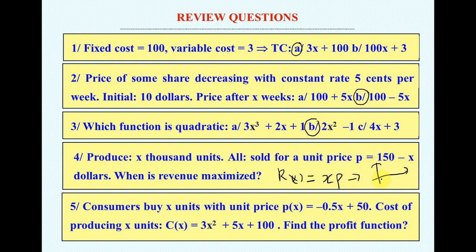So the graph here will be a parabola and you will find the maximum. And the last one, consumers buy s units with a unit price and the cost is given, find the profit function. So repeat the previous example, you will have the profit function is the revenue, that means the quantity multiplied by price, minus the cost function.